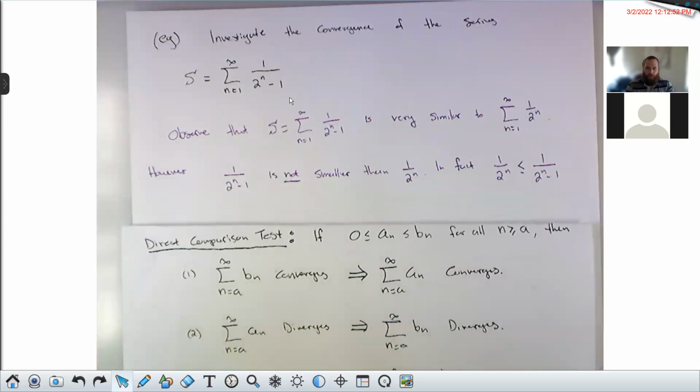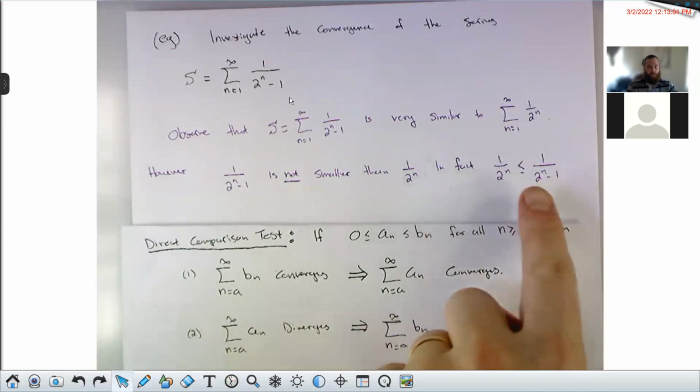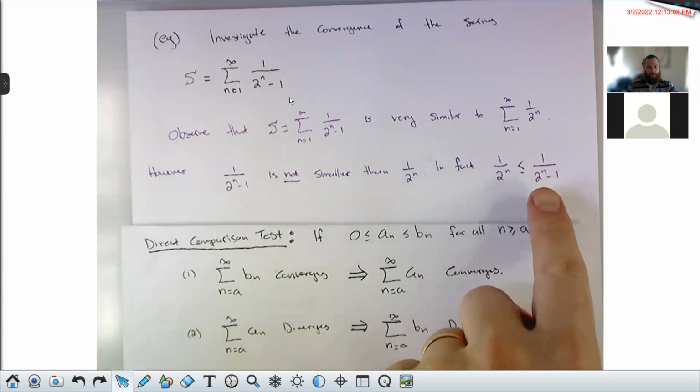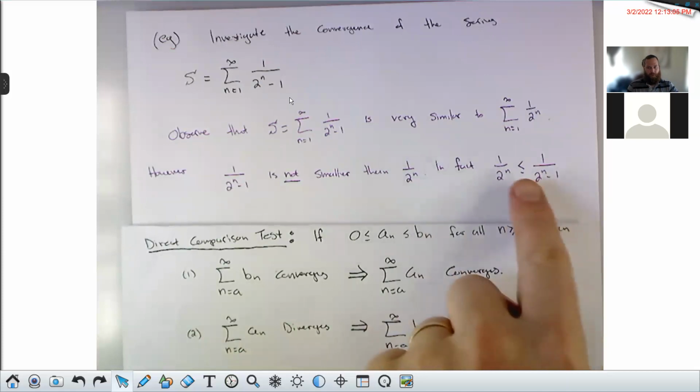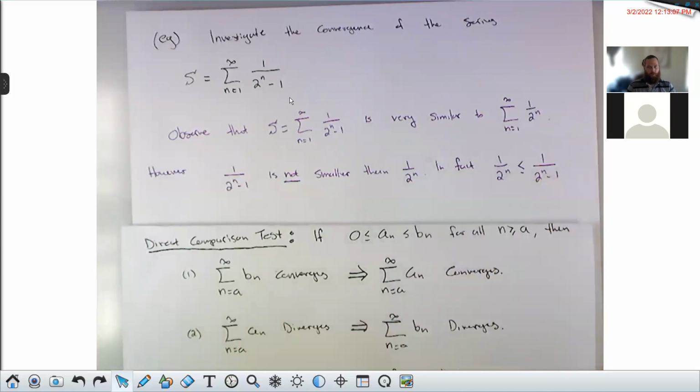What if your terms are larger than the terms of a convergent series? Because that's what we have here. The terms of my series, 1 over 2 to the n minus 1, is bigger than 1 over 2 to the n. 1 over 2 to the n is smaller. Does this test apply? Is there anything I can use here?